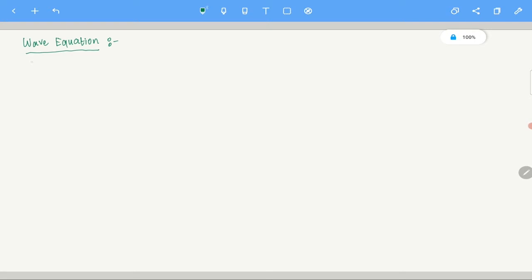Let n be greater than or equal to 2 and m be greater than or equal to 2. So we have two numbers m and n, and the function u is in C^m of R^n cross [0, infinity).